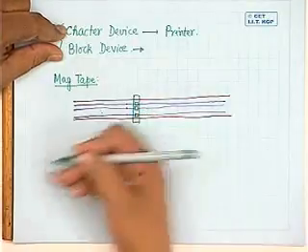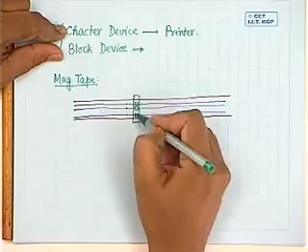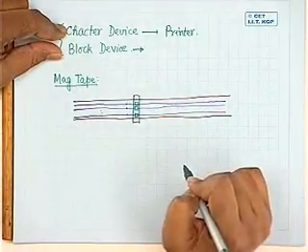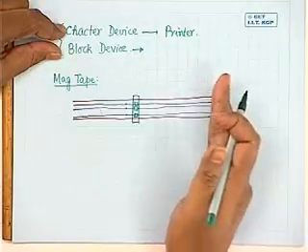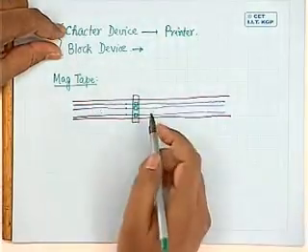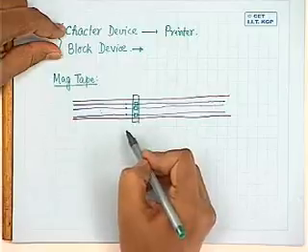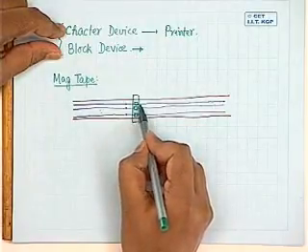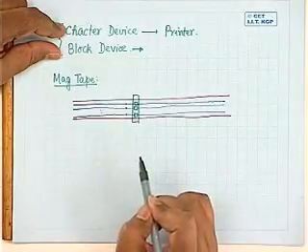Each of the tracks passes below one such read-write head. When the magnetic tape moves below this array of read-write heads, you can sense the bit that is written on that particular location of the track, whether it is 1 or 0.